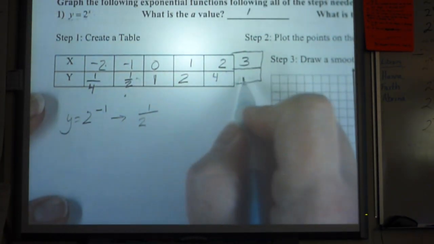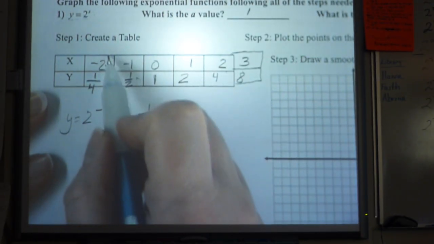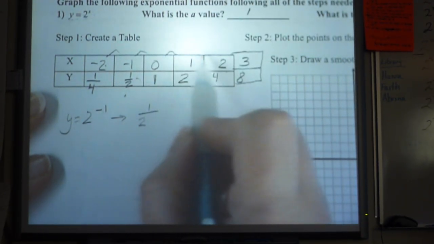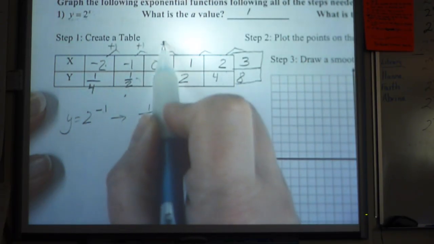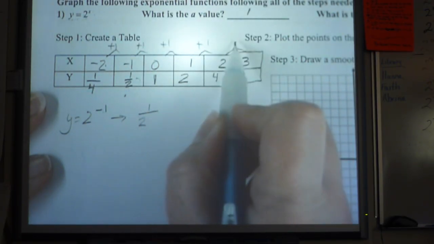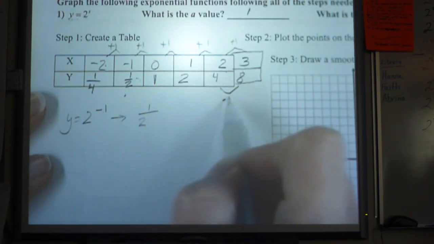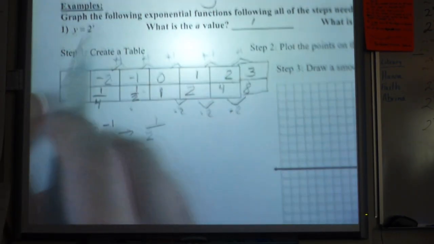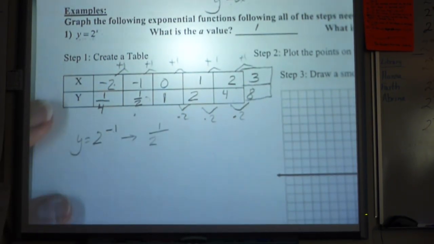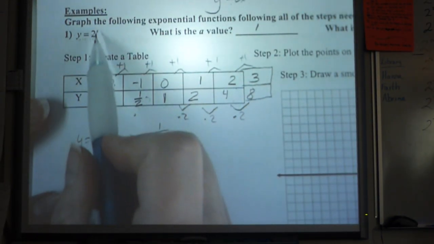What is that? 8. Okay, and we see as x is increasing by 1, what's happening to our y value? Multiplying by 2. Good. Times 2. Why is it being multiplied by 2? Because 2 is the base. Okay, we're looking at powers of 2.